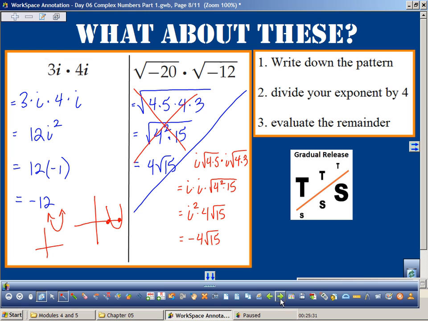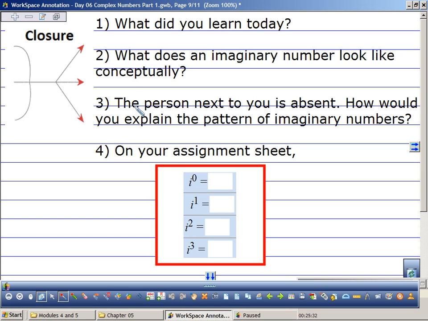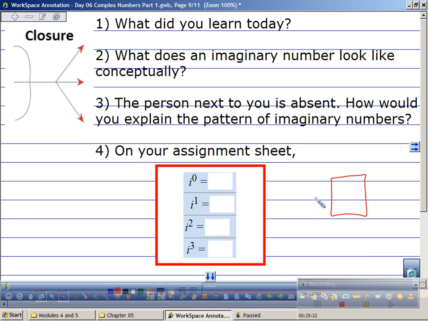Okay, let's go to our closing thought. All right, what does an imaginary number look like conceptually? That's what it looks like conceptually.